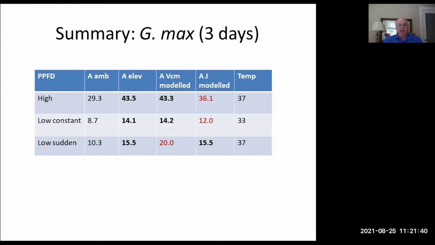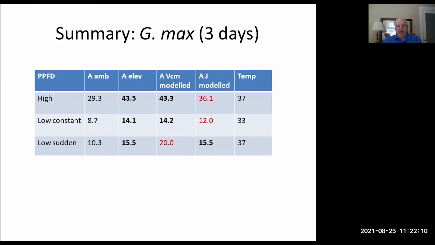So we see that at high constant light intensity, we are in fact better off modeling assimilation rate at elevated CO2 as being limited by Vcmax. The surprising part, to some people at least, is at low constant PPFD, early morning, late afternoon, again, you get a stimulation in photosynthesis from 8.7 up to 14.1.